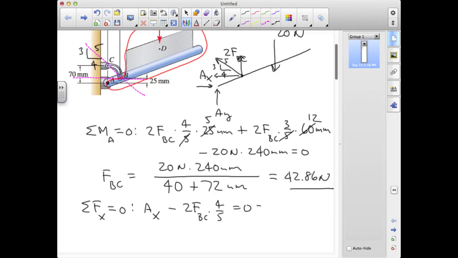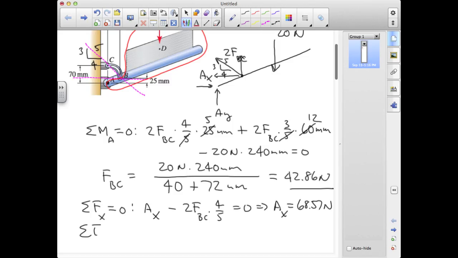And I can rearrange that to solve for AX as 8 over 5 times the force transmitted by BC, and that is 68.57 newtons.